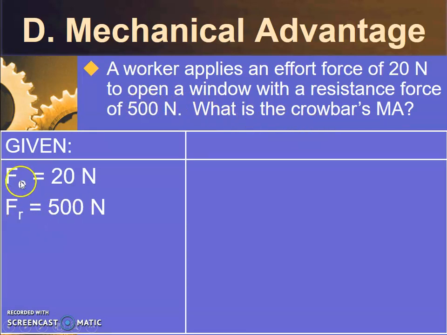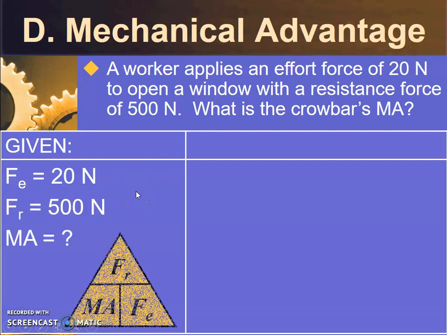So the F sub E, the human effort, is 20. The machine's resistance is 500. And we want to know what the mechanical advantage is. So here's our triangle. We're going to cover up the MA, that's what we do not know. And then we just plug in our numbers here.